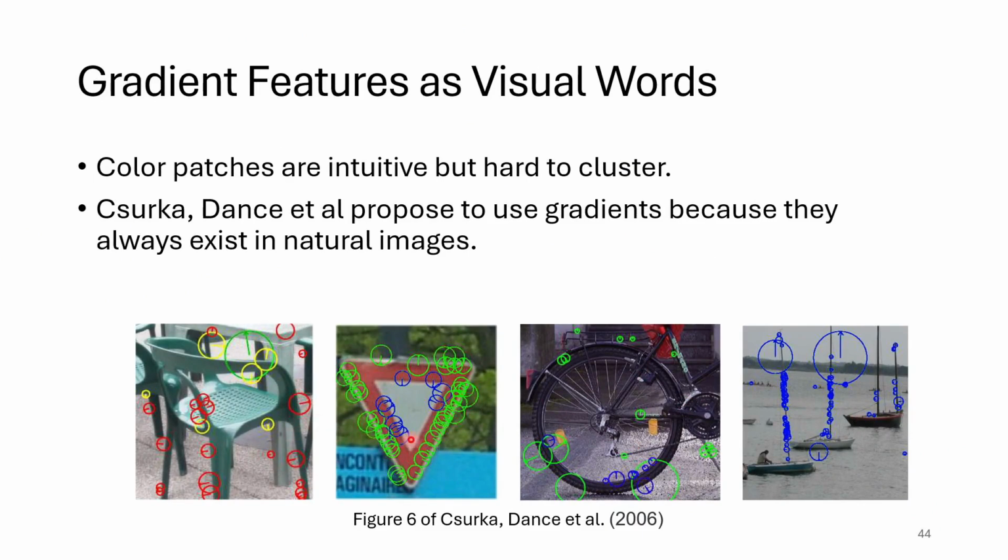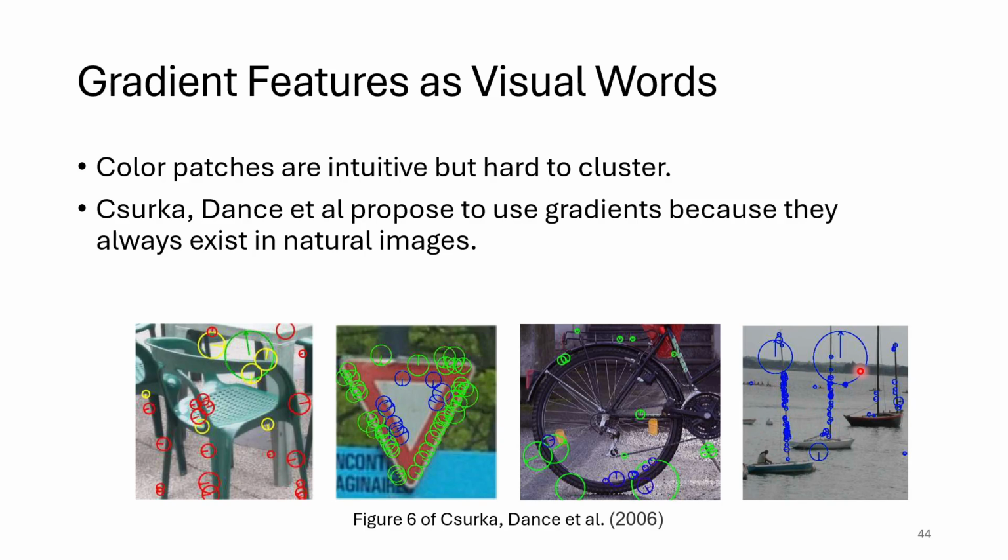So they found the green circles, or the red and blue circles, are the key features related to certain classes. What does it mean?